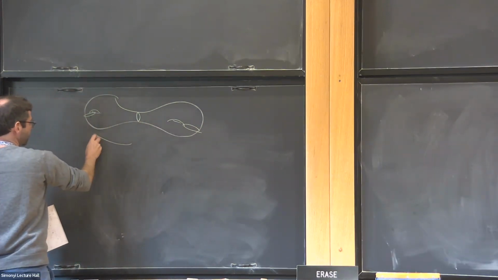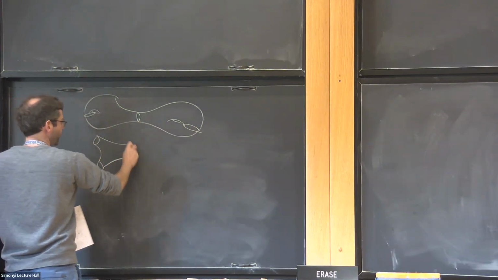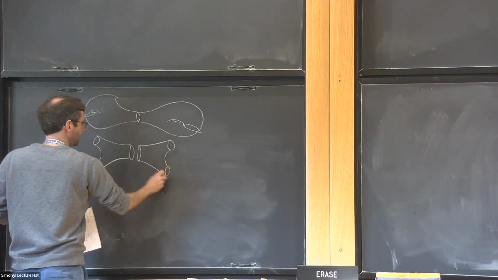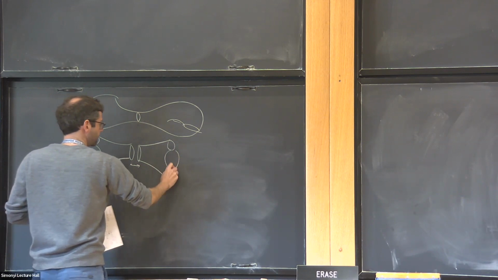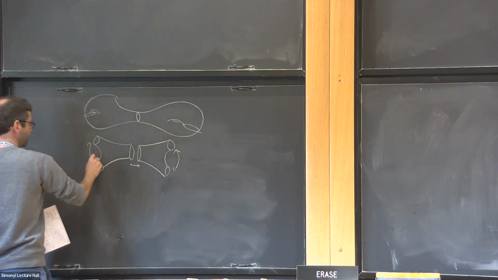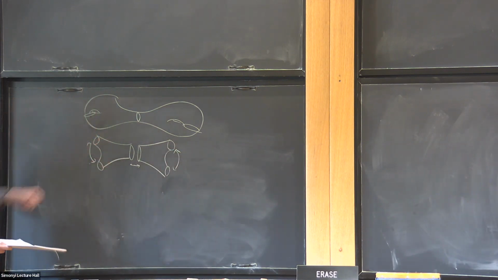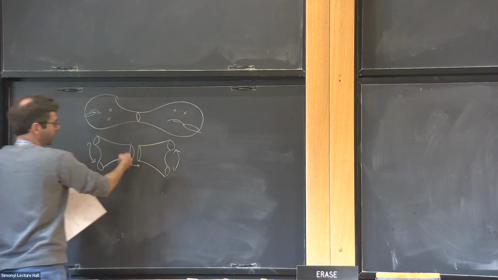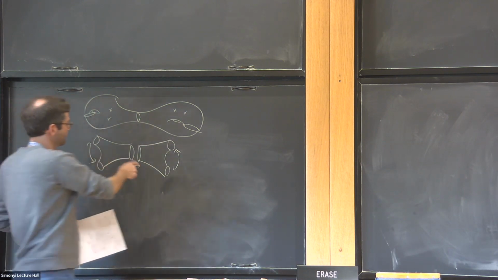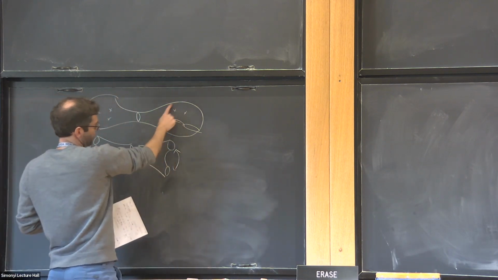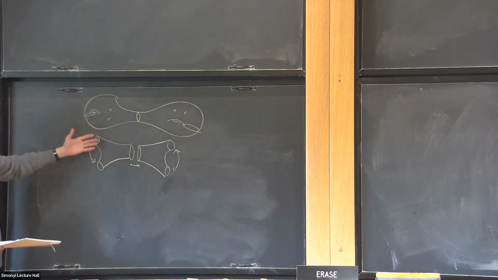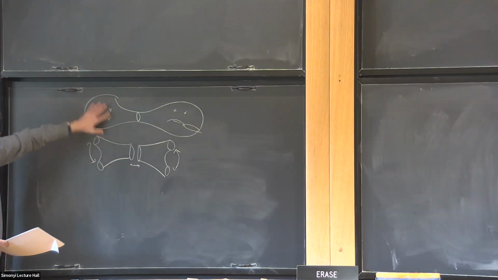We get two pairs of pants, where these are glued, these are glued, these are glued. In general, any surface can be cut in such a way. And when we have marked points, we can cut also in terms of these marked points, and there will be some building blocks if you want to do the conformal bootstrap.